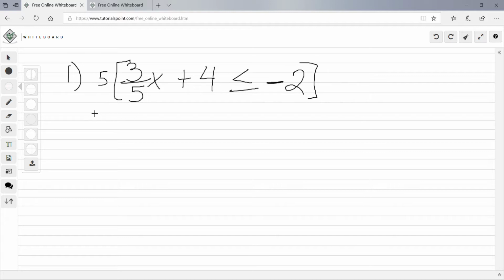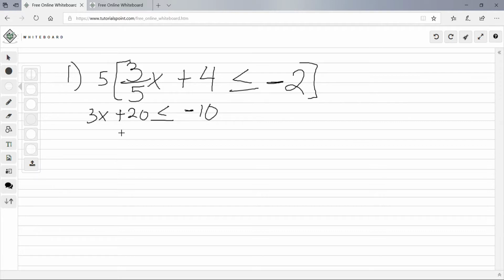So you get 3x, and then 5 times 4 is 20, so 20 is less than or equal to. Okay, so when you're multiplying, the sign doesn't change just because we're not multiplying or dividing by a negative. It's still positive, so the sign's still the same. So -2 times 5 is -10.